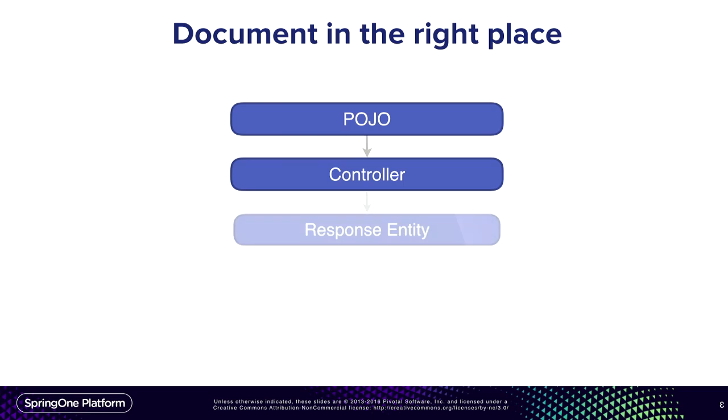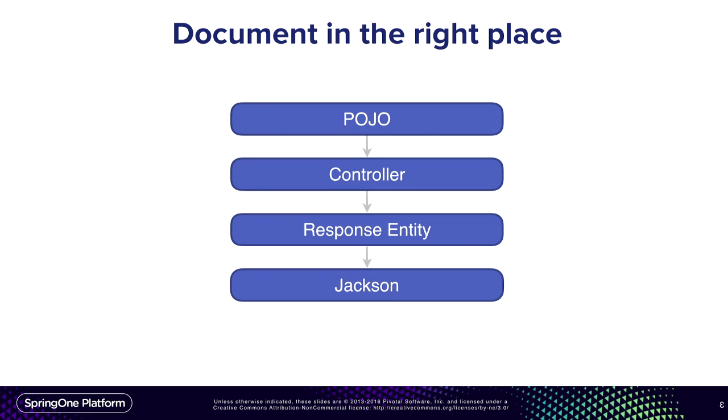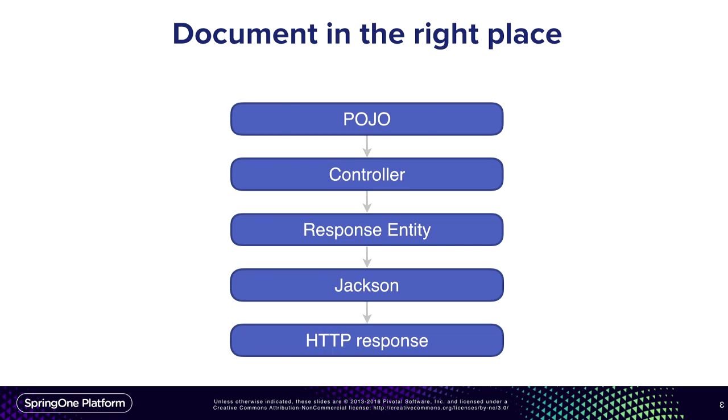How that actually works is it's using a response entity. Everybody's familiar with Spring MVC? Yeah, all right. And then there's some Jackson going on if you use JSON, doing some custom stuff, for instance some custom serializers. It looks at some annotations on your domain model. And then eventually, you've got the HTTP response.